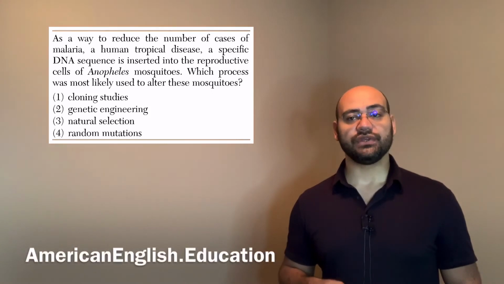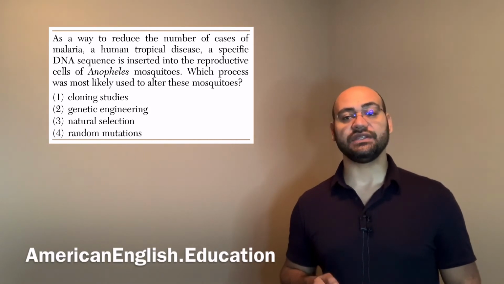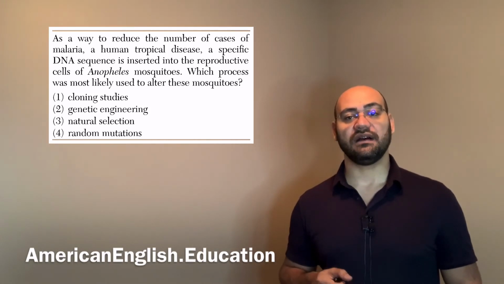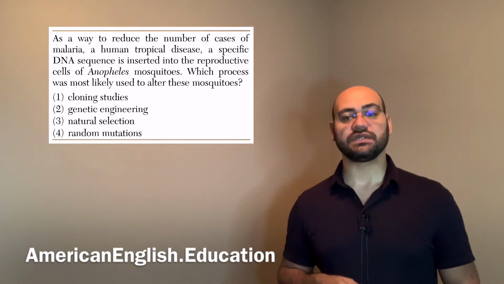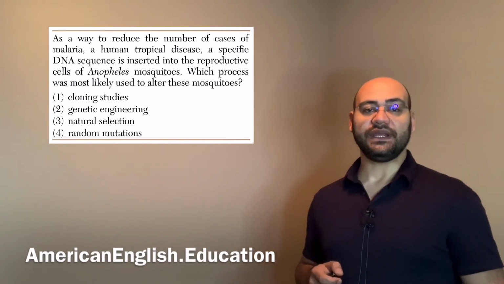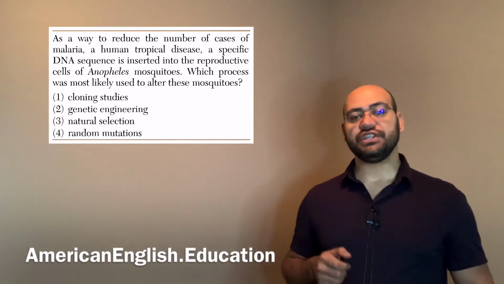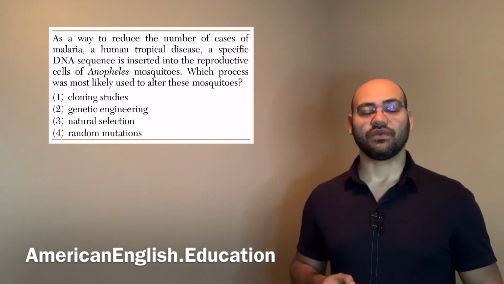As a way to reduce the number of cases of malaria, a human tropical disease, a specific DNA sequence is inserted into the reproductive cells of Anopheles mosquitoes. Which process was most likely used to alter these mosquitoes? 1, cloning studies, 2, genetic engineering, 3, natural selection, 4, random mutations.